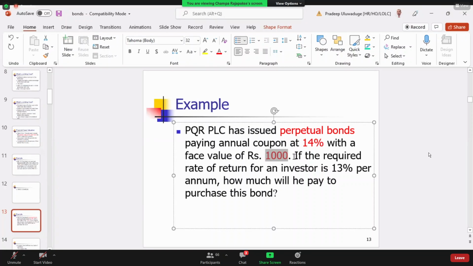So if the required rate of return for an investor is 13% per annum, how much will he pay to purchase this bond? Can you all calculate it and let me know? We have already learned how to calculate the present value of a perpetuity, and this cash flow is like a perpetuity. Shall we calculate it, please?